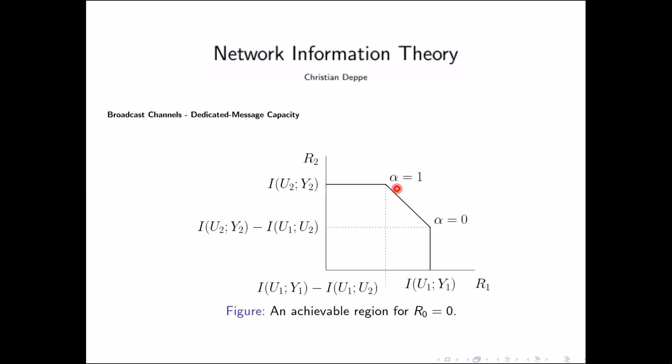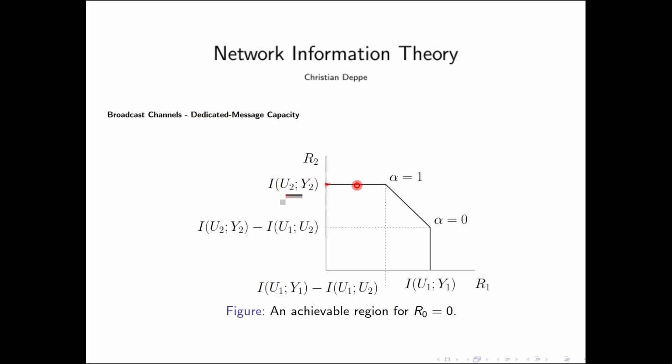Look at this point: if alpha is equal to 1, then the second dedicated message uses the full power of the second marginal channel. So somehow one doesn't care about the dedicated message for receiver 2 or for its channel.